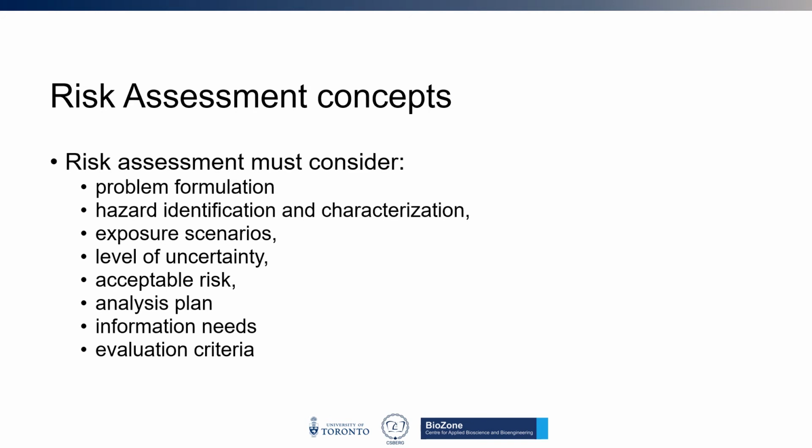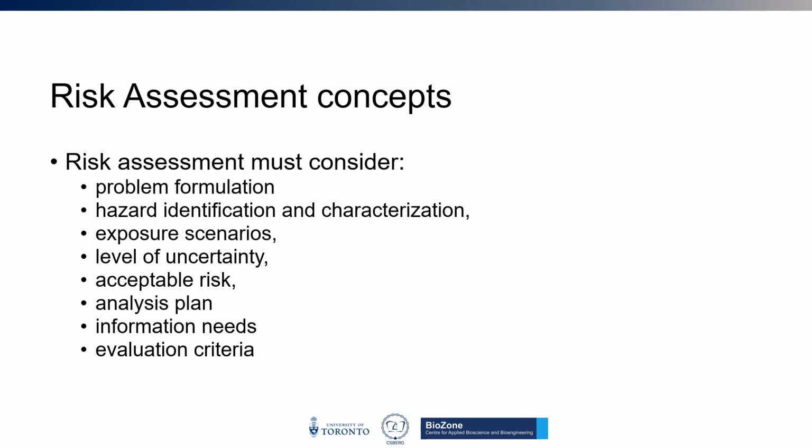You also have exposure scenarios, which is in what way people or the environment interact with that technology. The level of uncertainty. In any kind of new technology, you will have a level of things that you're not aware of.